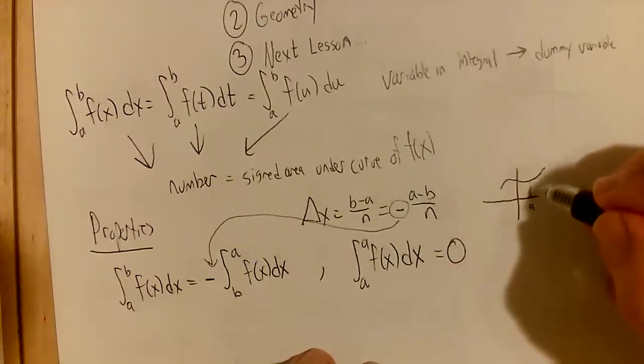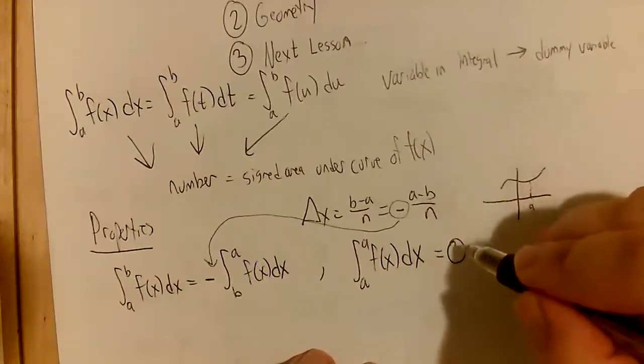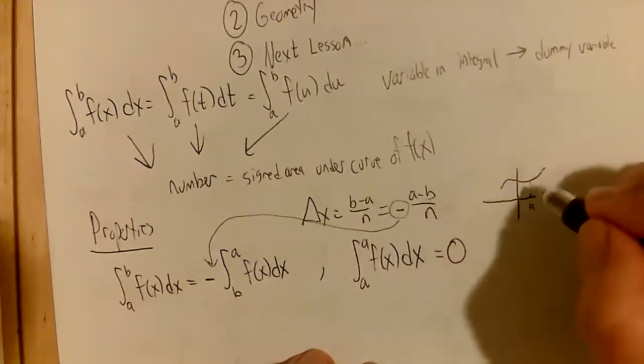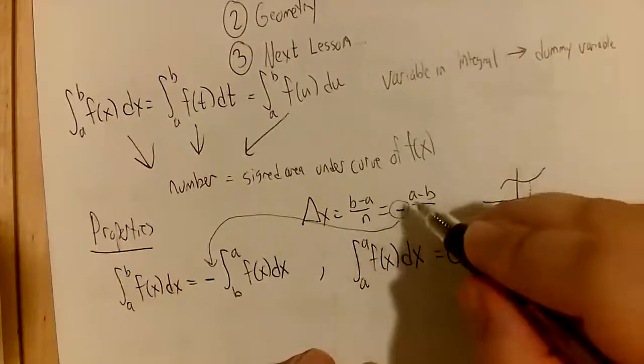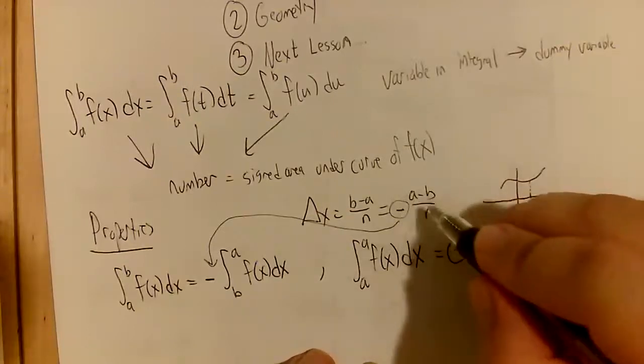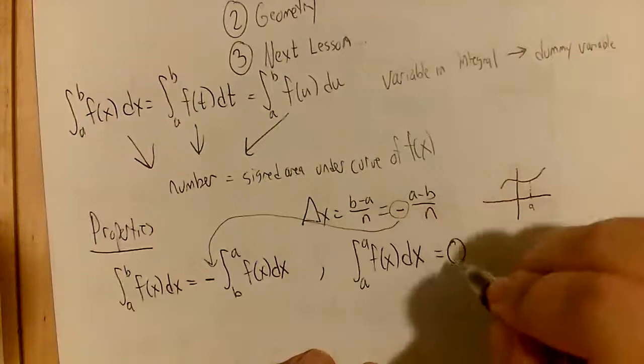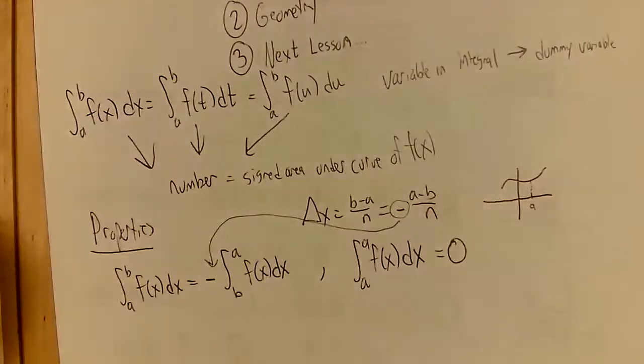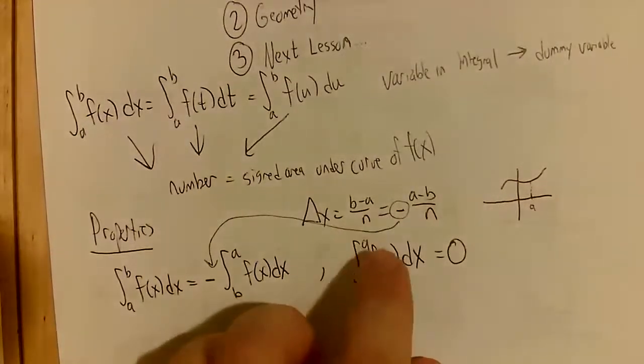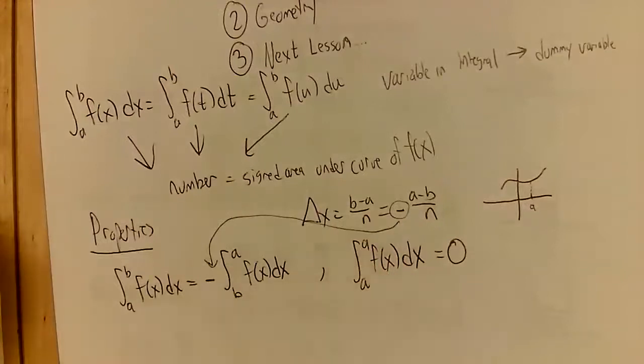This is only a one-dimensional line, so it's not going to have any area whatsoever. So this is going to be 0. Another way we can imagine this is if we have a and a for both of these, we have a minus a, which would be 0 for delta x, giving us 0 for everything. So the integral from a number to the same number of any function whatsoever will always be 0.